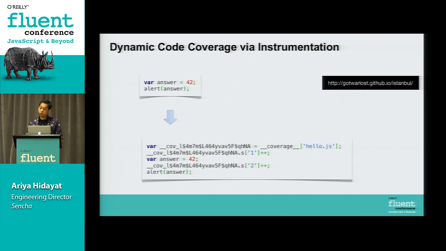One of the applications is dynamic code coverage. The way we do this is by instrumentation, or adding instrumentation to your code. So if I have these two lines of code and you use this tool called Istanbul, how many of you here have already heard about Istanbul? Oh, all right. So Istanbul is a code coverage tool. What Istanbul does is inject extra lines of code into your code.